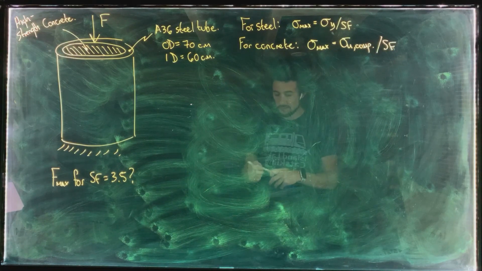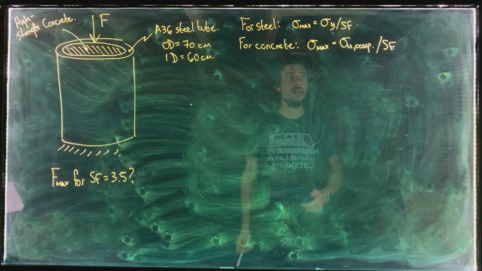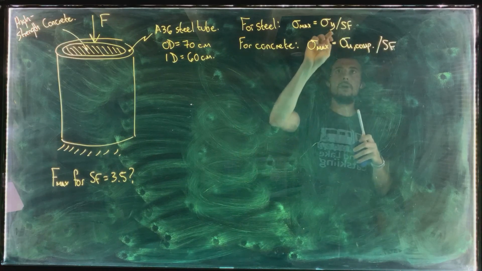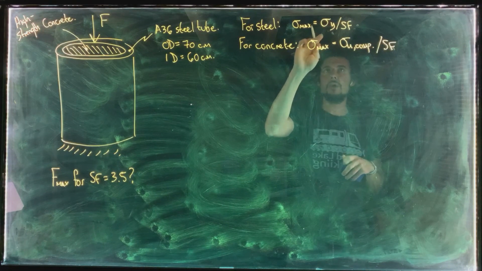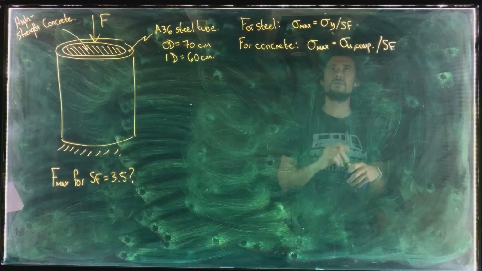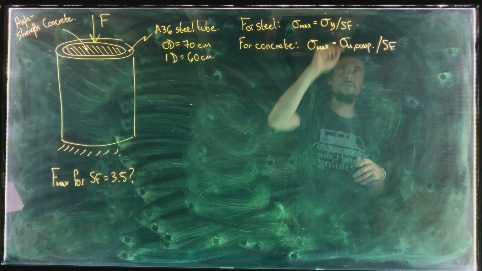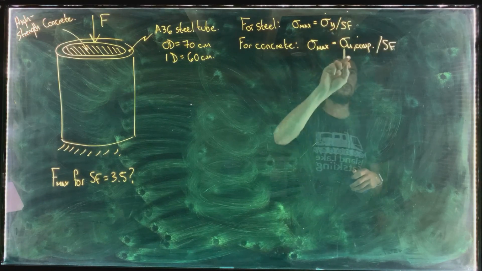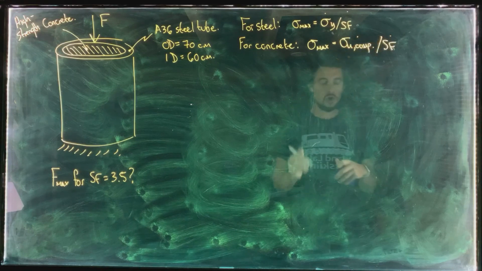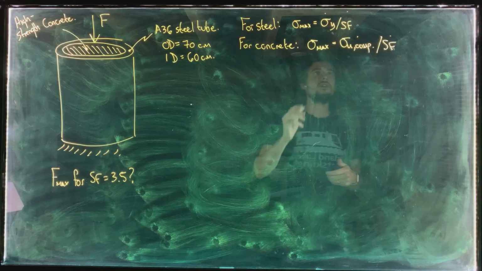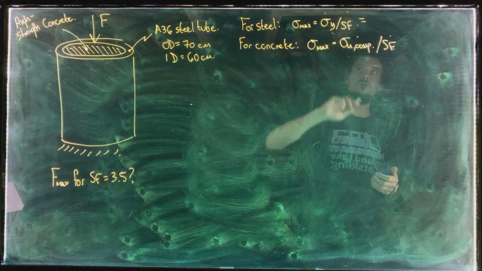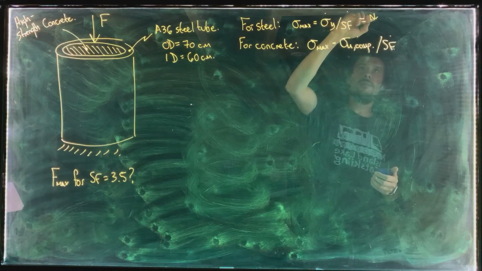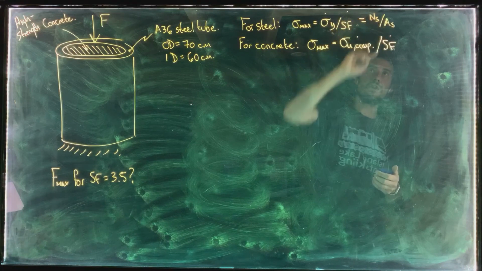Now, it's much the same as the previous problem in that we've got the variables on this side of the equation. For steel, we have the yield strength from the material property tables. We've got the safety factor, that's 3.5. We've got the ultimate compressive strength from the material property table. We have the safety factor. So what we need to equate these two is the normal force in the steel divided by the cross-sectional area of the steel.